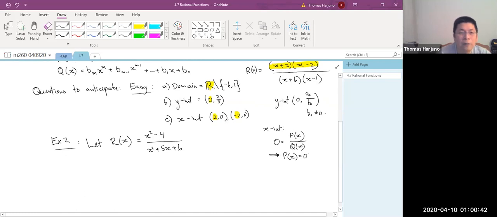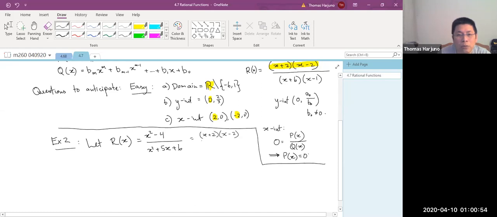Notice that if I factor this, we will get (x plus 2)(x minus 2) over (x plus 2)(x plus 3). So from there we see the domain is all real numbers except -2 and -3. How about the y-intercept?